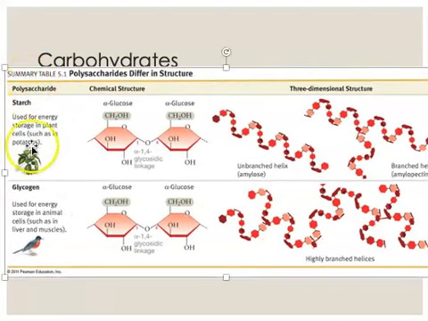The names of the polysaccharides are listed on the left-hand side of the table, as well as where those polysaccharides are found and what their purpose is. Then we get to see the chemical structure in terms of the individual subunits, glucose for these, and the type of glycosidic linkage that joins them. And finally, we get to look at the three-dimensional structure of these polysaccharides and whether or not they are branched.